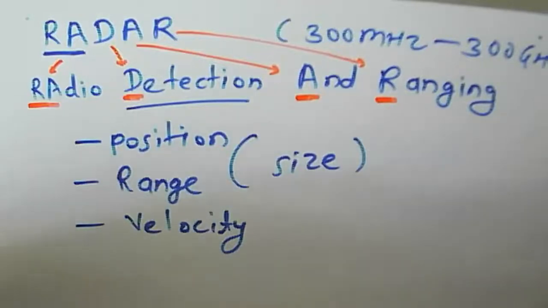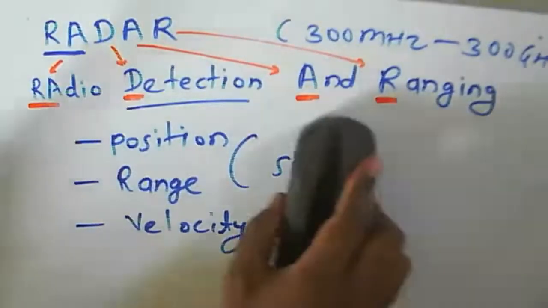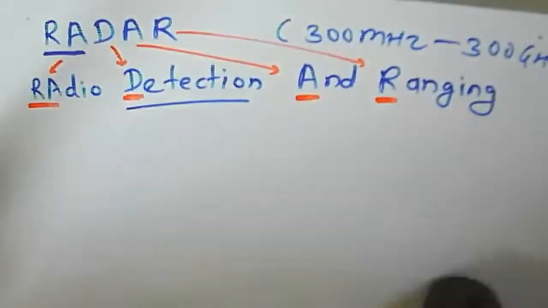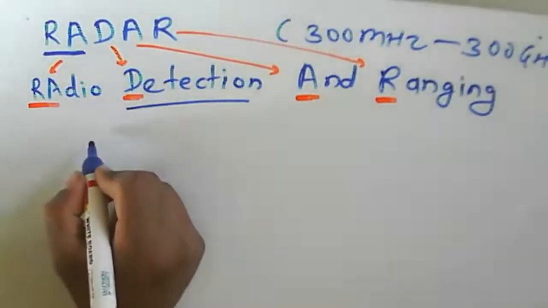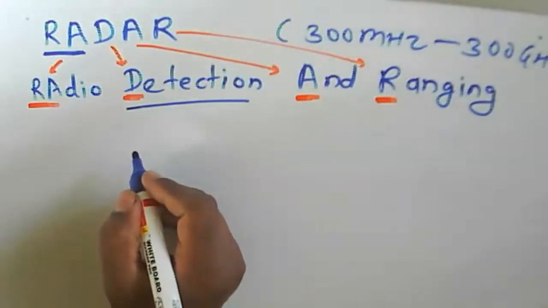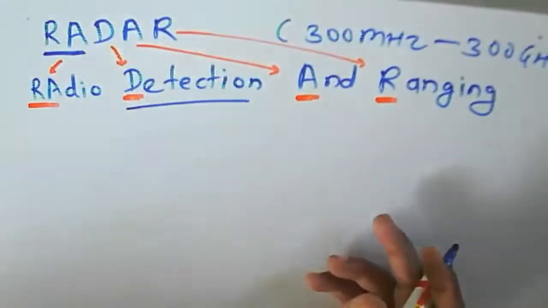We can say that there are two types of radar, based on the signals we have. Again, we can talk about whether a single device is used for transmitting and receiving, or two devices are used for transmitting and receiving.